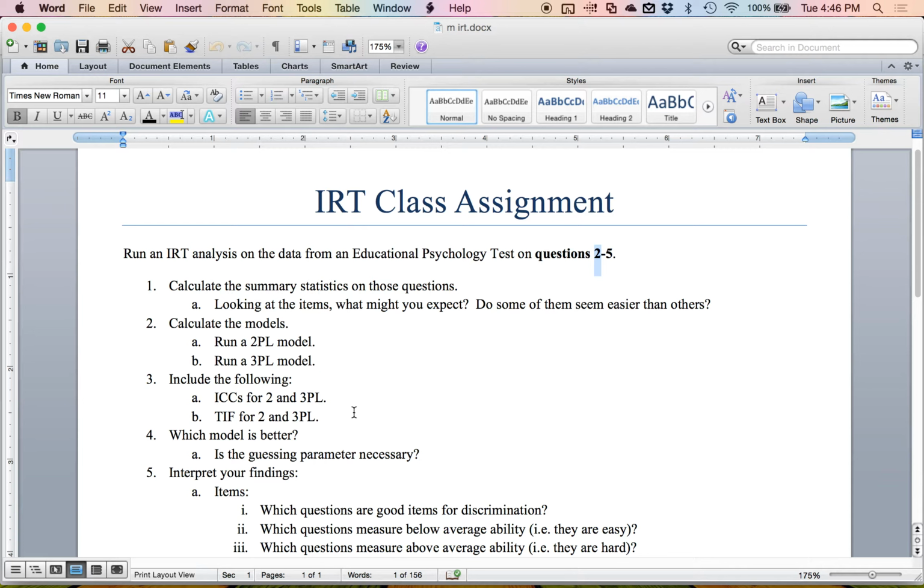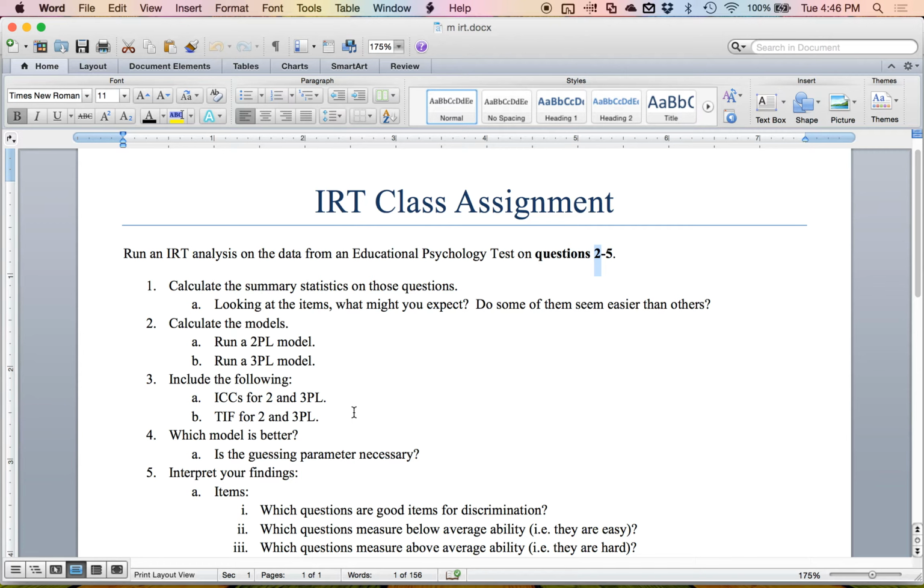Questions that are too hard, I'm using too easy and too hard kind of colloquially, questions that are harder will have a positive difficulty parameter, because that is where only the top people are getting it right. So everybody else below that is getting it wrong. And that's why I say this is really for just dichotomous yes-no kind of data.